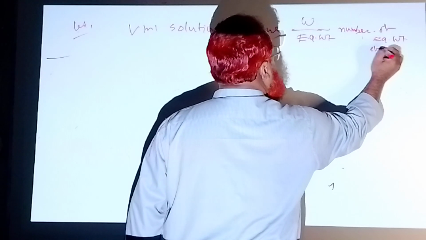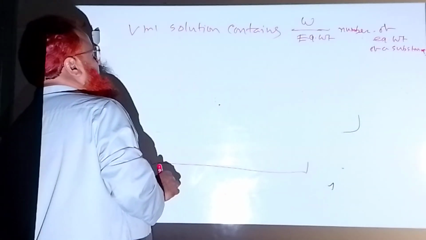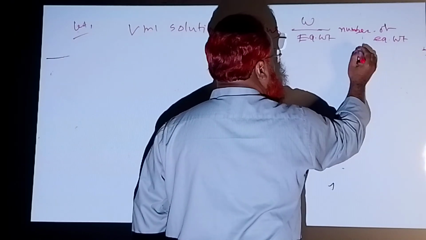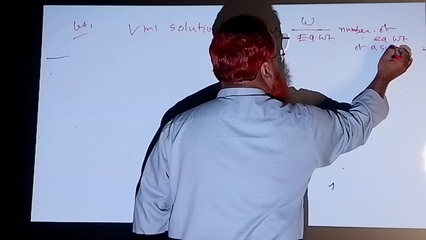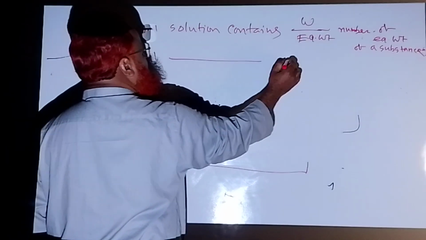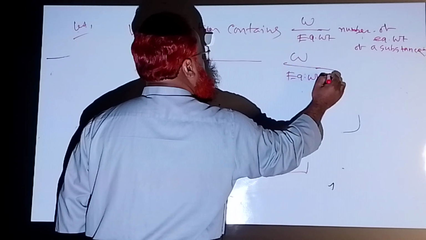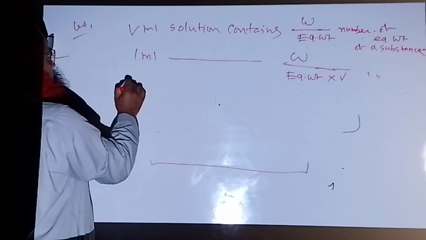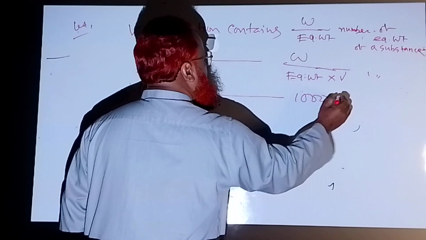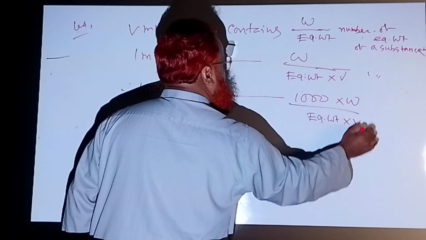Again, V mL solution contains this number of equivalent weights of a substance. Now, 1 mL solution contains W by equivalent weight into V. Now, for 1000 mL, it is 1000 W divided by equivalent weight into V.